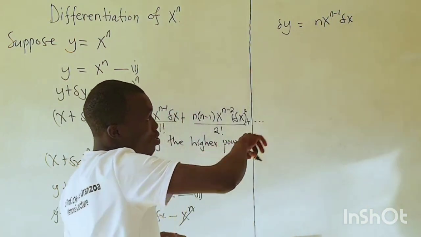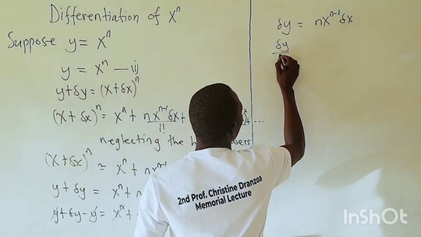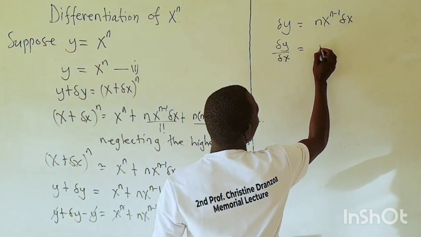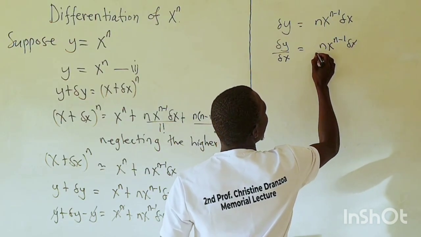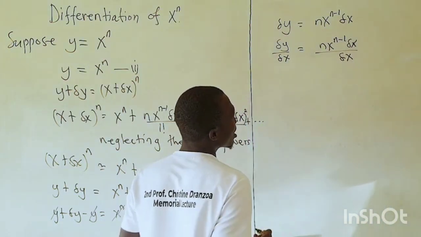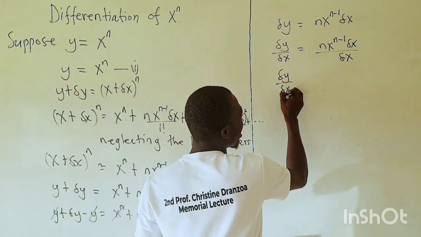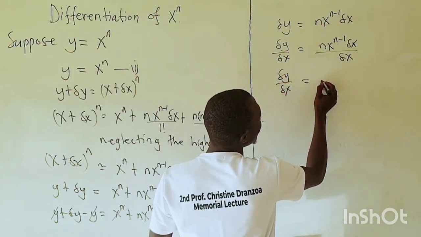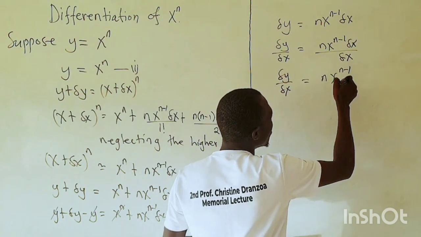Now, if we divide through by delta x, we shall have delta y over delta x is equal to n x power n minus 1 delta x divided by delta x. So this delta x and delta x will cancel. We shall have delta y over delta x equal to n x^(n-1).